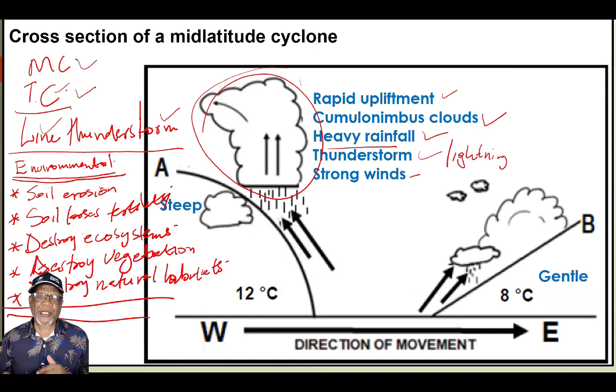If you get a question that says, explain the impact of mid-latitude cyclone on the natural environment, these are the impacts that you give, because the clouds are cumulonimbus clouds.